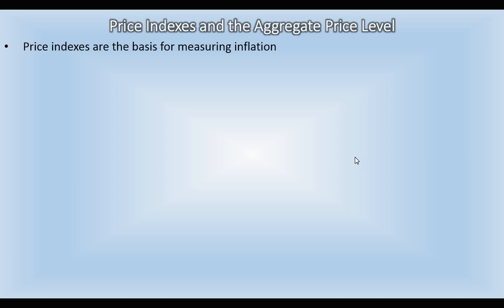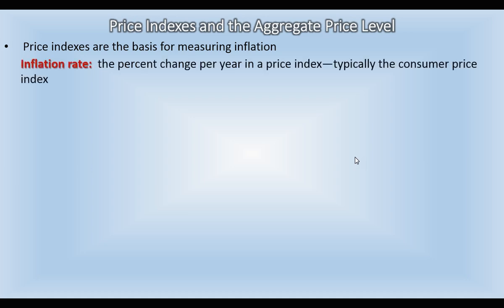Price indexes are the basis for measuring inflation, the rising price levels in an economy. So the inflation rate is a percent change per year in a price index, and it's typically called the consumer price index. That's typically the index that we use to measure the changes in prices and ultimately get us to the inflation rate.